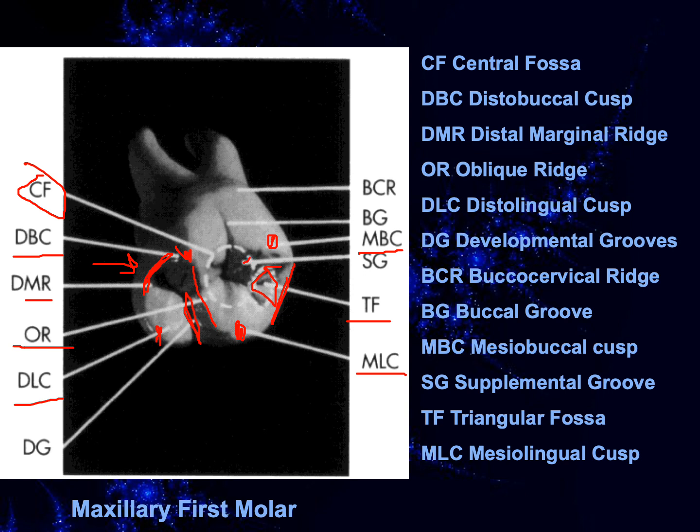Here we can see a small supplemental groove, but we need more magnification to really see it clearly. And this is the buccal groove on the buccal surface between the buccal cusps. And as I have mentioned earlier, the buccal cusp ridge is seen in this tooth.